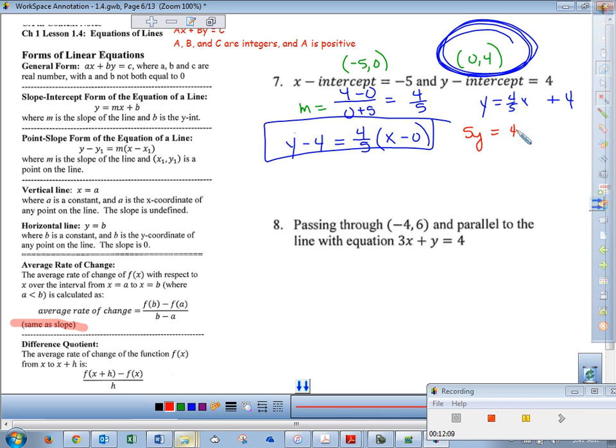You'd be left with a 4x, then we subtract 4x from both sides. And make sure A is positive.